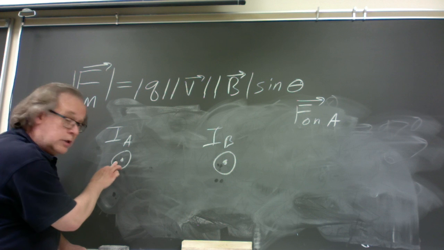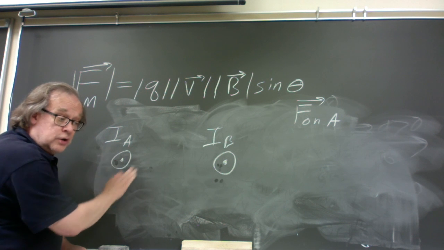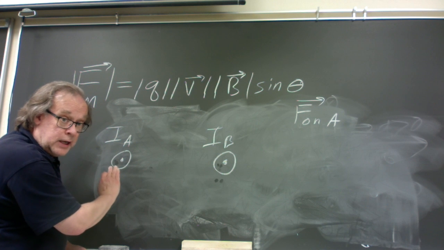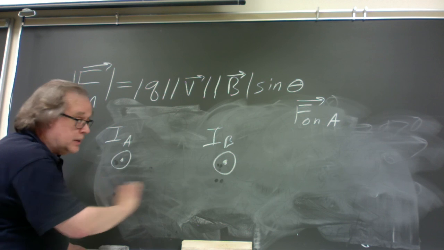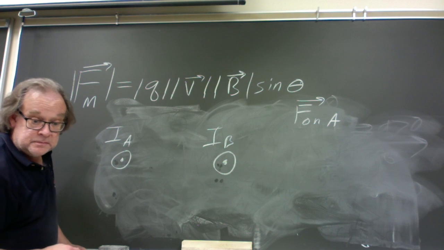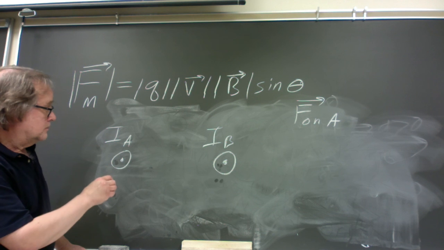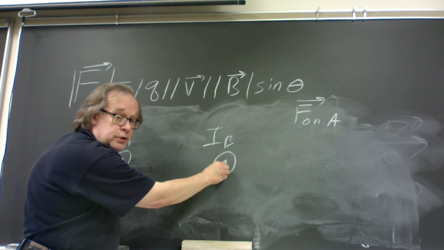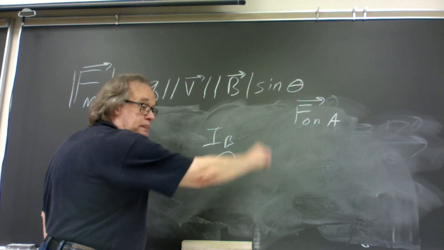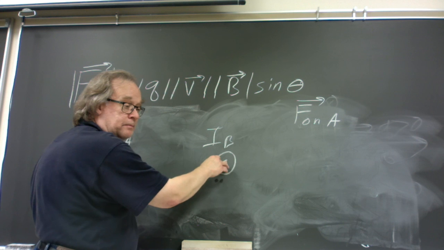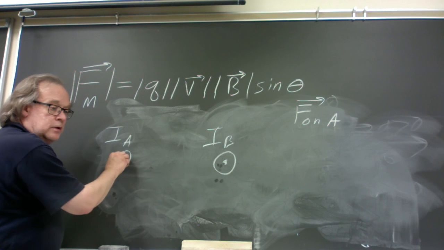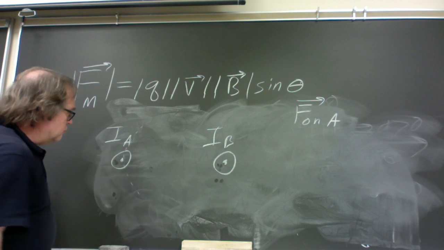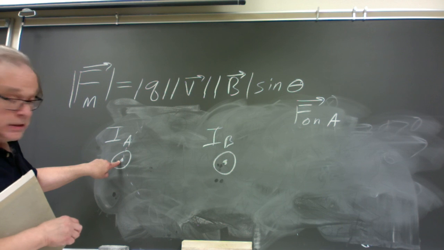So what I want to know is, at these points right around here where current A is, what's the direction of the magnetic field that was caused by the other current? This is a straight wire. So we know that the field lines are concentric circles centered on that wire. And so you can imagine a field line passing through that point where current A is.